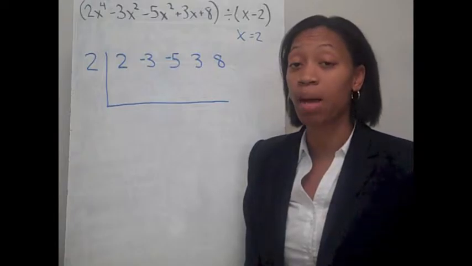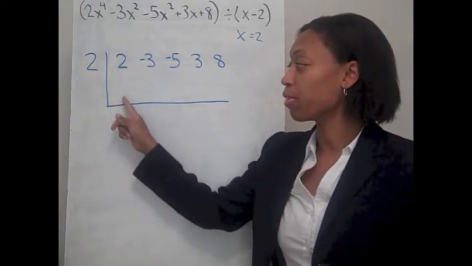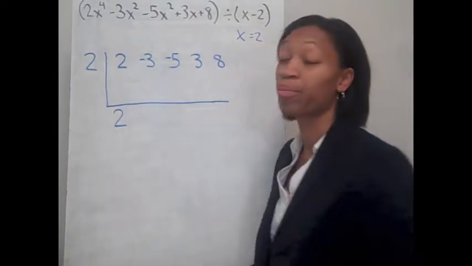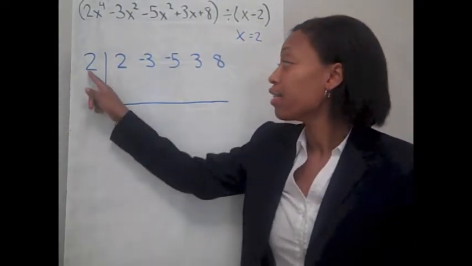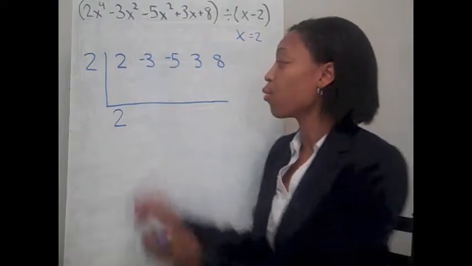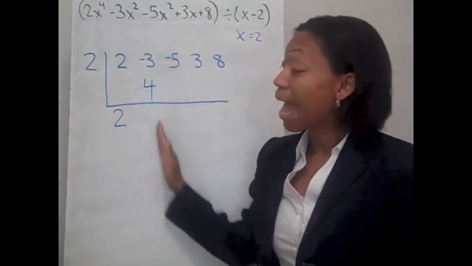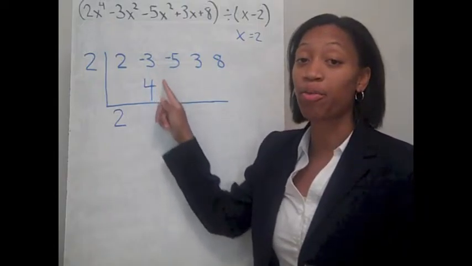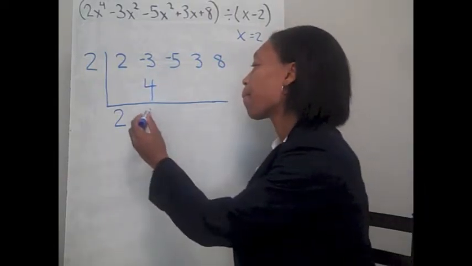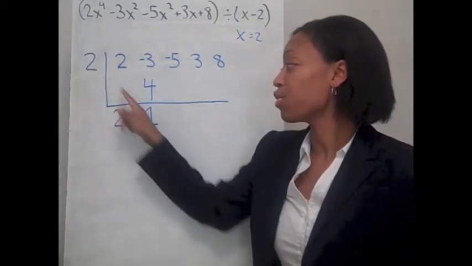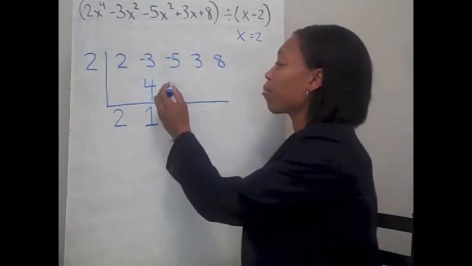Alright, the first step is to bring down the first number. It comes directly down. Then we multiply. 2 times 2 is 4. Add straight down. Negative 3 plus 4 is 1. And again we multiply. 2 times 1 is 2.